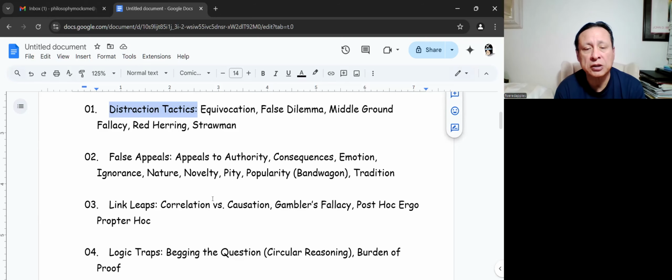Equivocation, and this is the one I'm going to talk about more today. Equivocation is basically when you switch the meaning of a word from one meaning to another, because the initial meaning that you use is not going to get you what you want later in your argument.